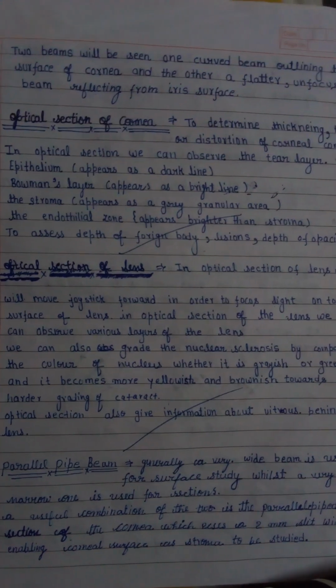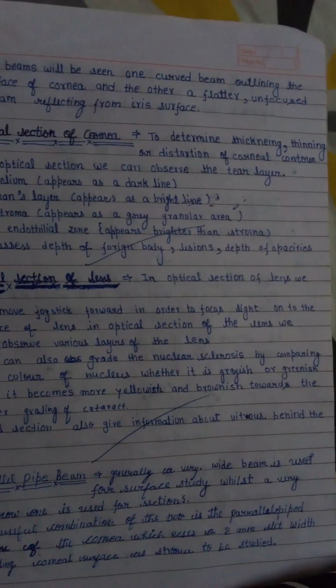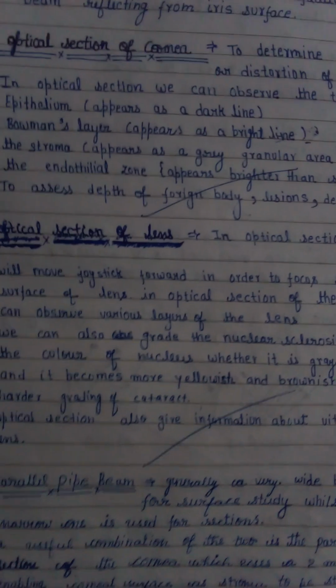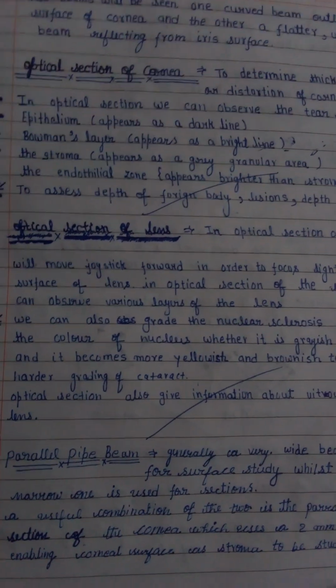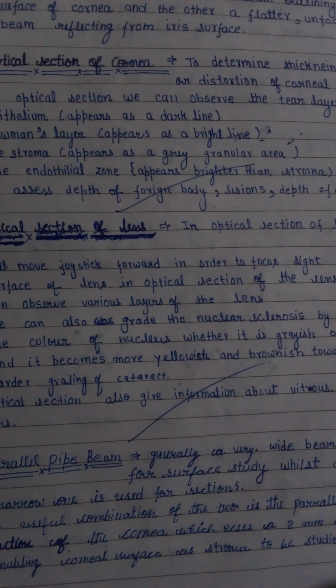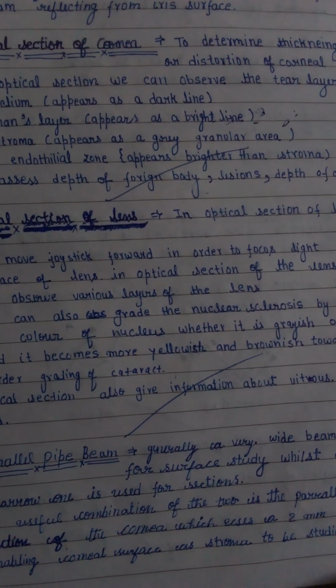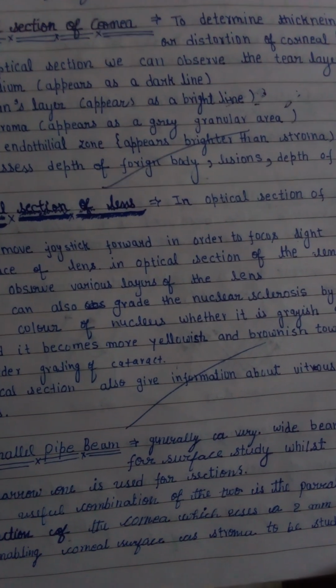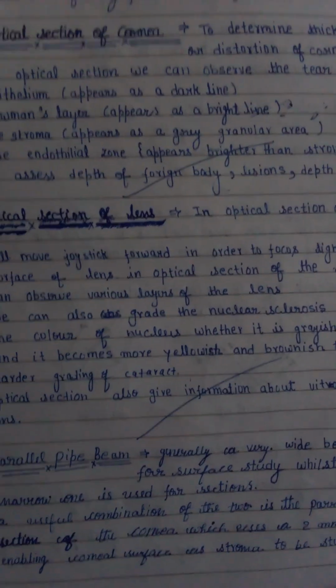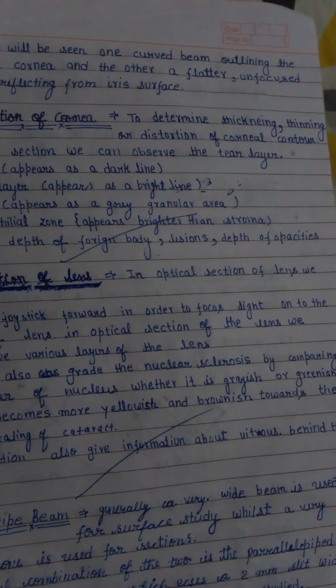It is also used to assess the depth of foreign bodies and lesions, and the depth of opacity. So in an optical section of the cornea we can observe the depth of a foreign body, that is, on which layer the foreign body is penetrating, and the lesions and depth of opacities also.